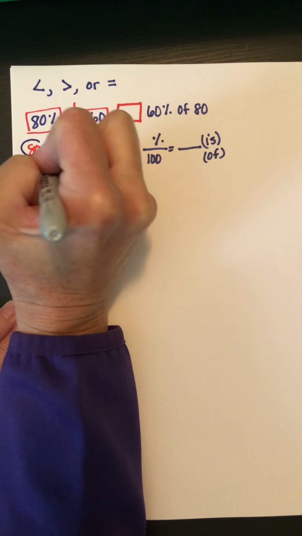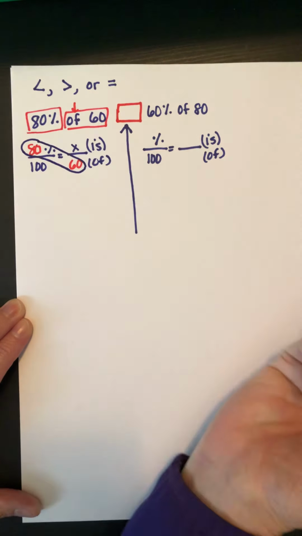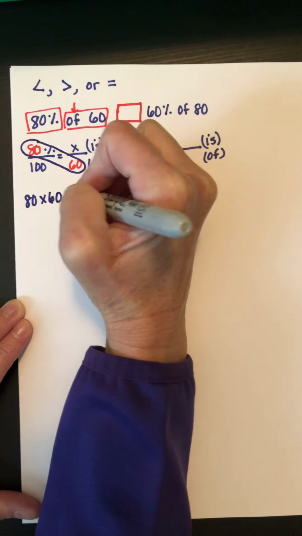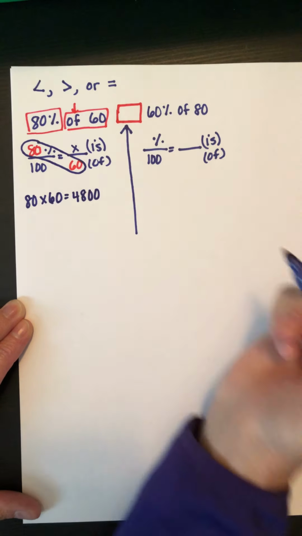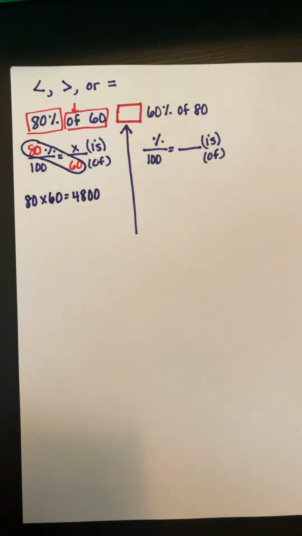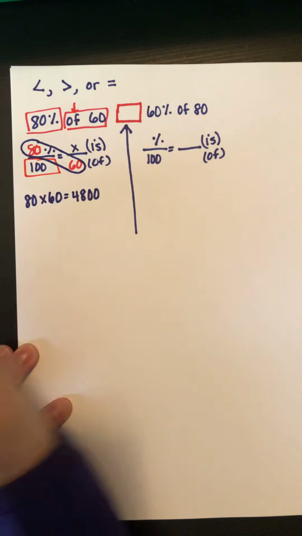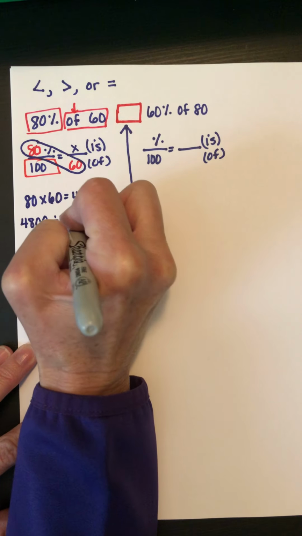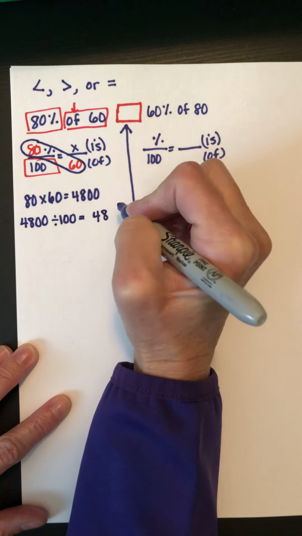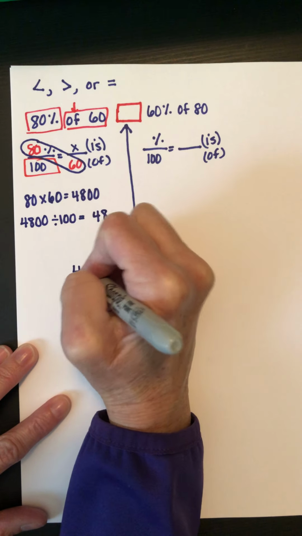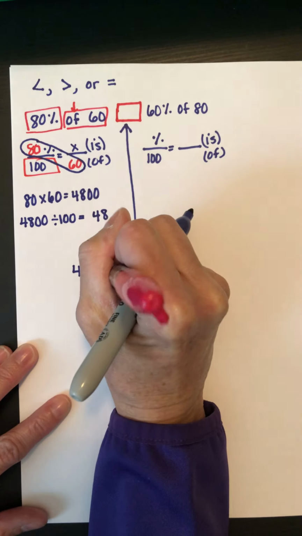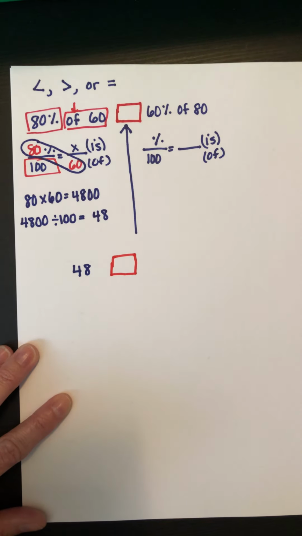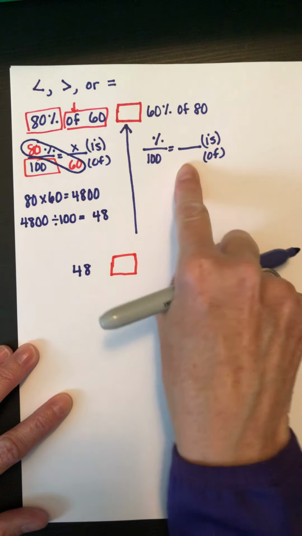So I'm going to cross multiply what numbers I have. 80 times 60. 6 times 8 is 48, and I have my two zeros, so 4,800. And then I'm going to divide by what's left over, which is my 100. So 4,800 divided by 100 equals 48. So down here I have 48. Is it greater than, less than, or equal to this side?